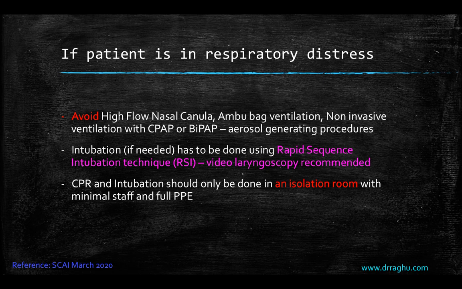If the patient requires CPR and intubation, we should not be in a hurry to treat the patient, but we should shift the patient to an isolation room, and the CPR and intubation should be performed with minimal staff and all of them wearing full personal protective equipment.